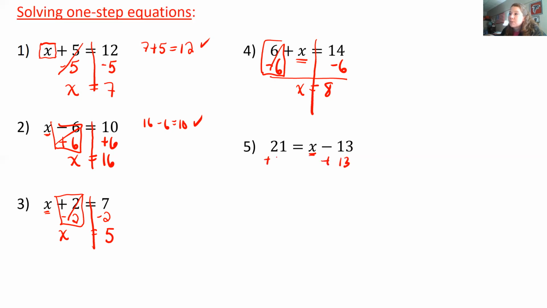And we're going to do that on both sides of the equal sign. So this has a value of 0. So we bring down that x, bring down our equals, and 21 plus 13 is 34. And that is our answer. So plug it back in. Does 34 minus 13 equal 21?